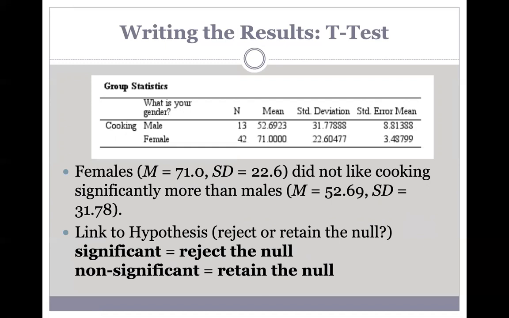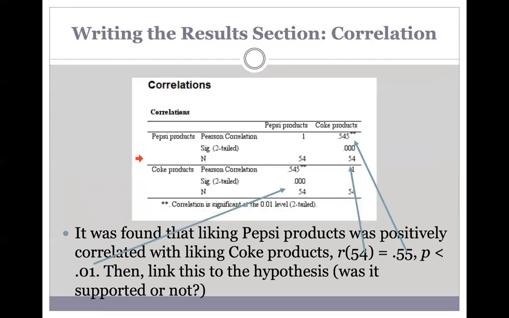For this purpose, because you're not running a lot, your results section should probably be pretty short. I don't expect it to be very long because you're likely only running one test. Again, another hint: it doesn't need to be super long to be good. This is just if you ran a correlation. I don't think you'll be running a correlation for this lab report, but if you ever wanted to, this is how you would write it up.